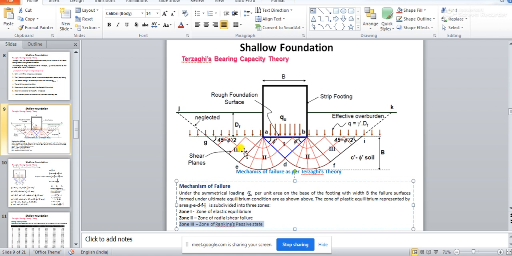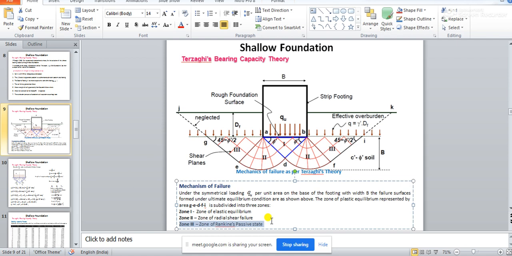So there will be a pressure coming from this direction and from this direction, and that is basically a passive state, which has been discovered by Rankine.